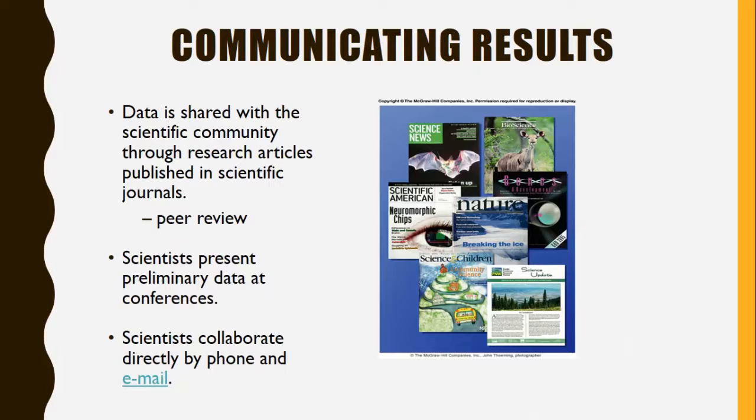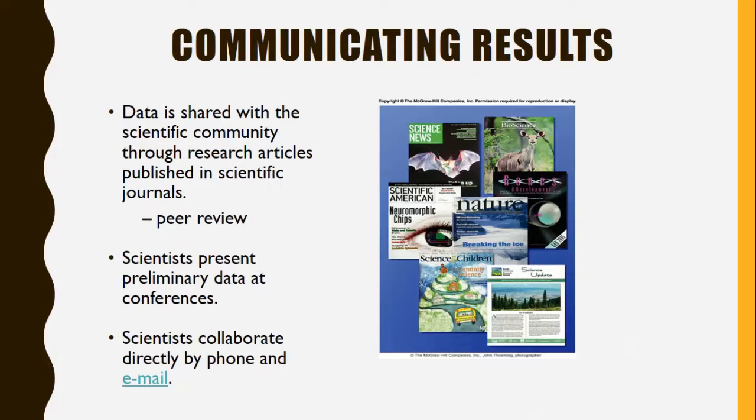Again, data is shared with the scientific community through research articles published in scientific journals. One of the scientific journals I'm subscribed to is Cell. That's the scientific journal. And then there's a medical journal, I can't remember the name.